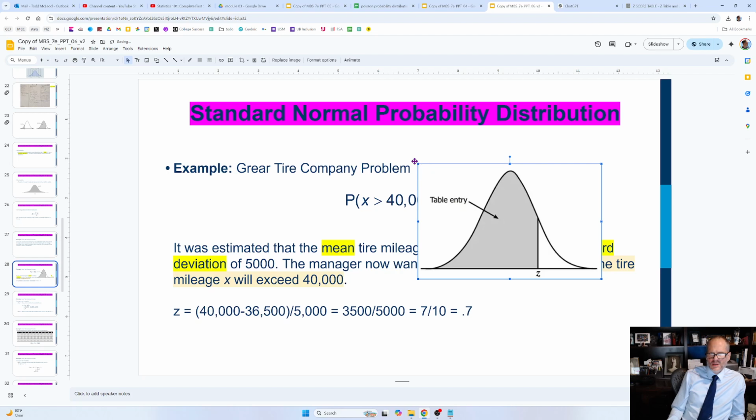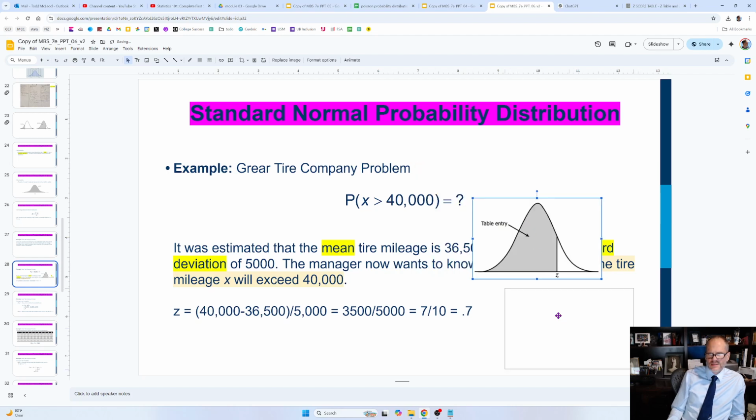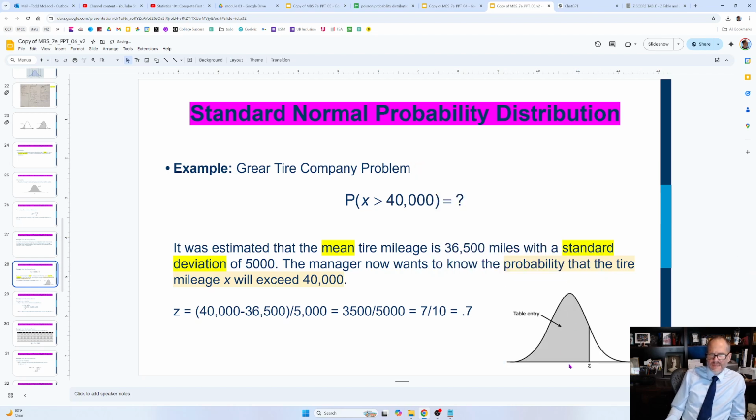At 40,000 miles, with a mean of 36,500 and a standard deviation of 5,000, we get our z-score: 40,000 minus 36,500 divided by 5,000 gives us 0.7. That's 0.7 standard deviations away from the mean.